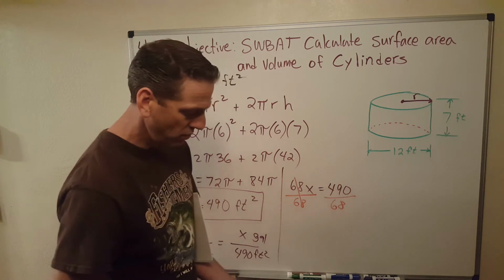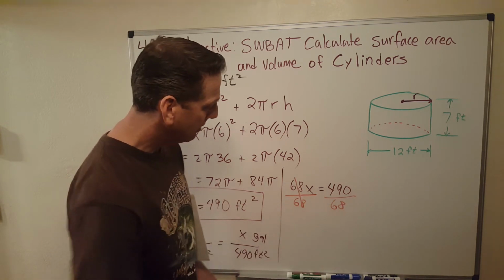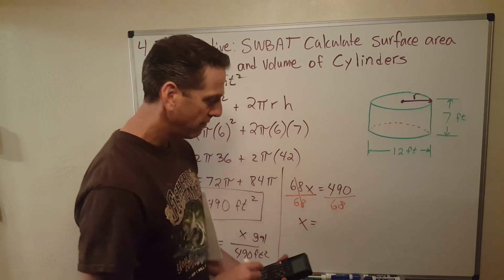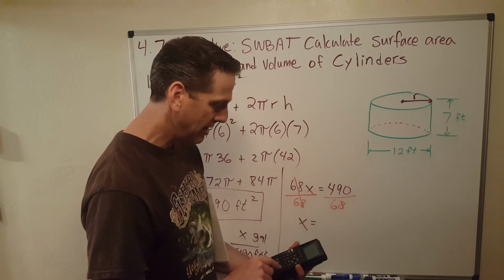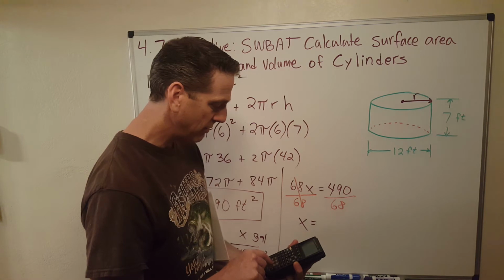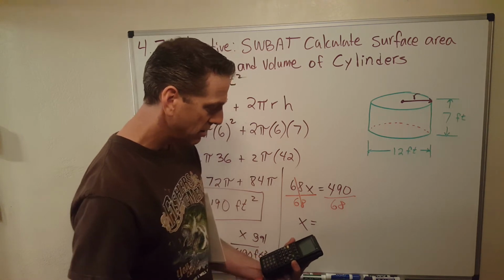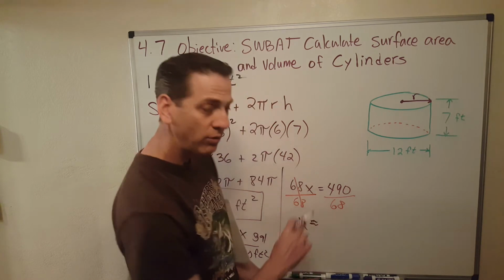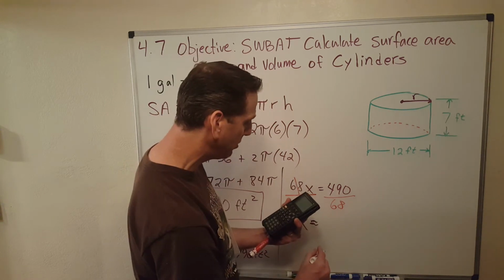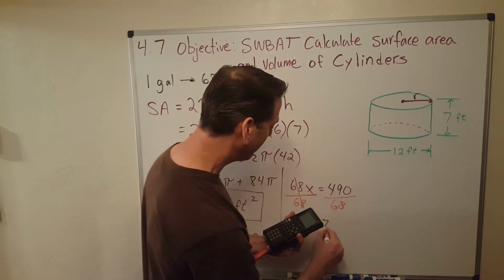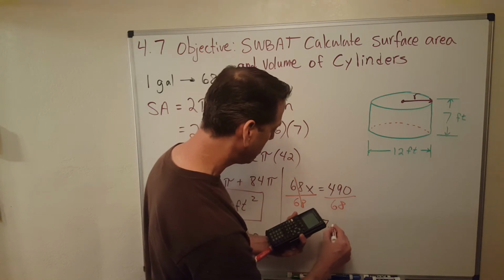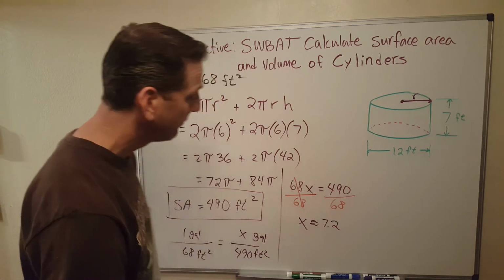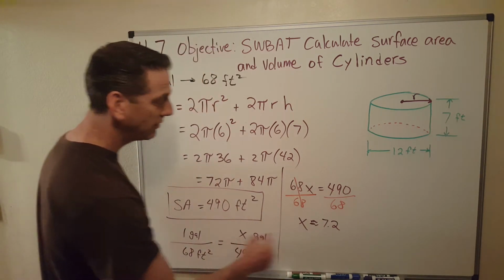That's going to reduce to 1, leaving me with just x equals 490 divided by 68. Using my calculator, a squiggly equal sign means approximately equal to, 7.2. 7.2 what? Gallons.